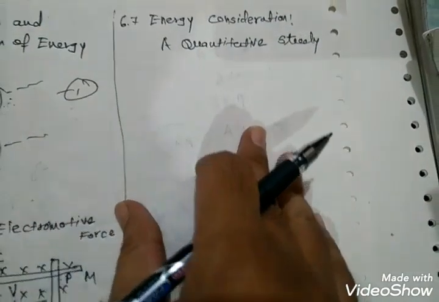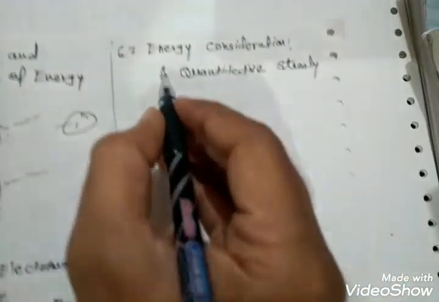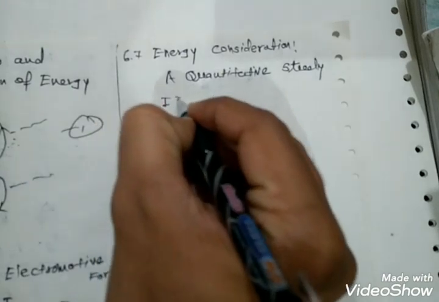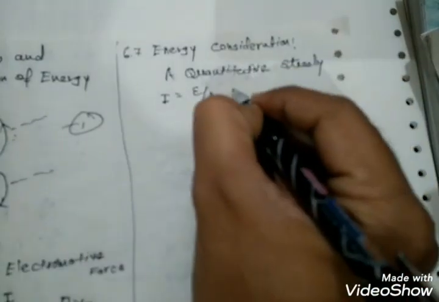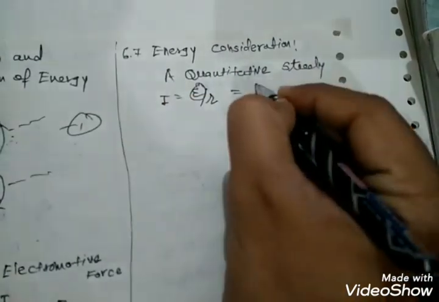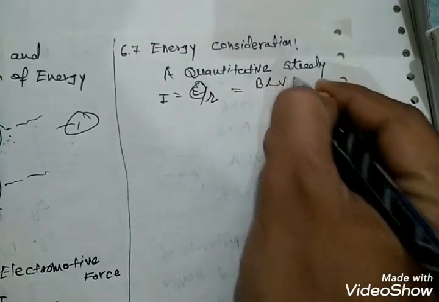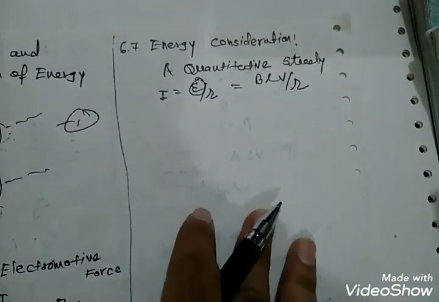So here the current I in the loop is I is equal to E upon R, where E is equal to BLV, so I is equal to BLV upon R.